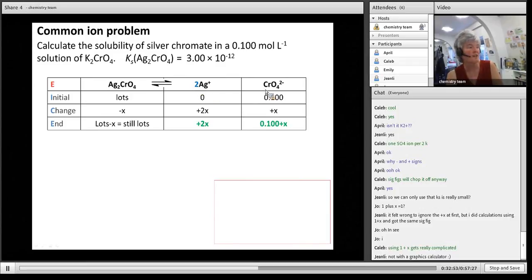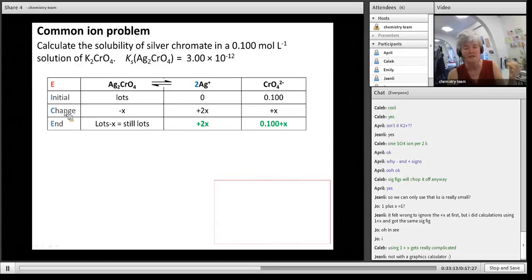Okay, so in the beginning I have lots of silver chromate because none has dissolved yet, because it's right in the beginning when I've just dumped it in that split second. So I don't have any silver ions present, but I do have chromate ions present because I've got a potassium chromate. So I've got chromates from the potassium chromate, and that's where it is.